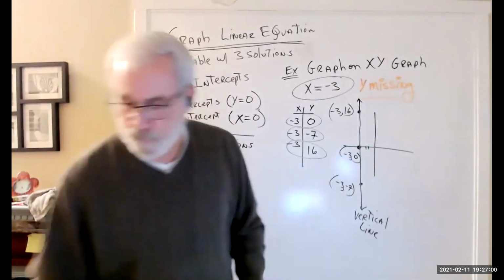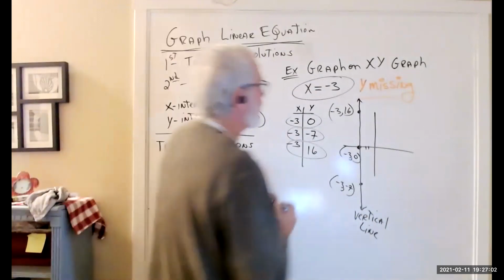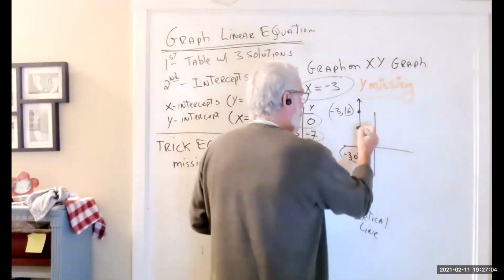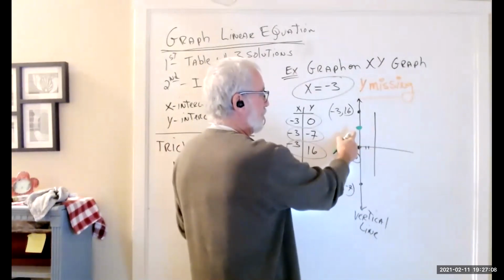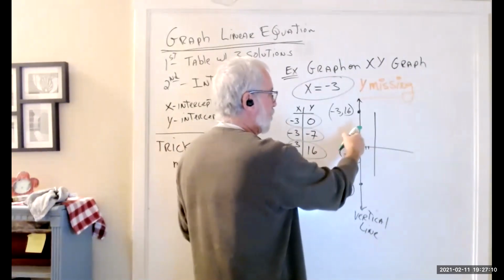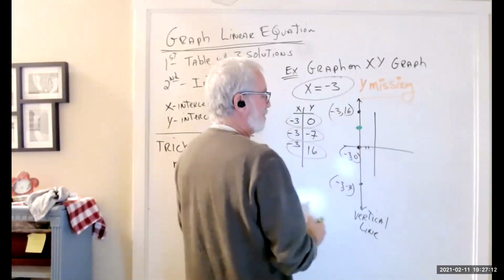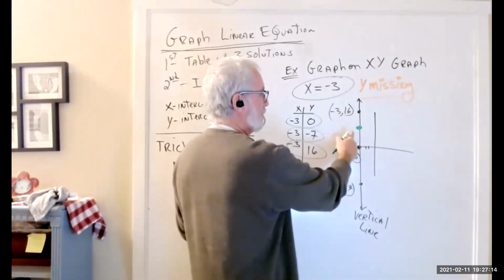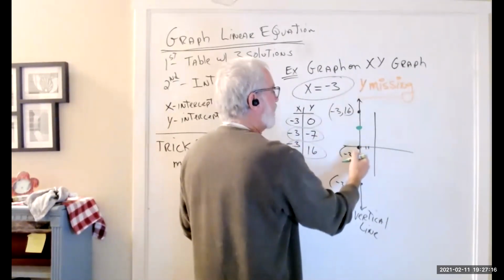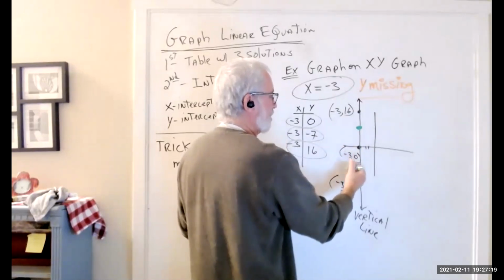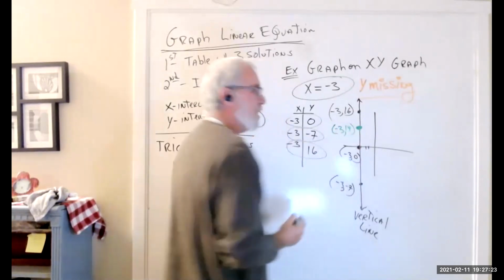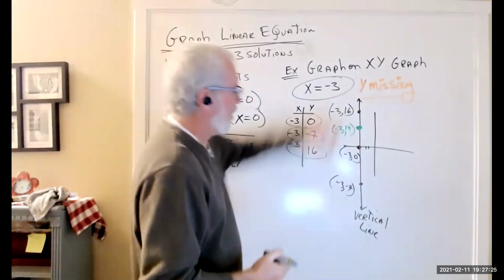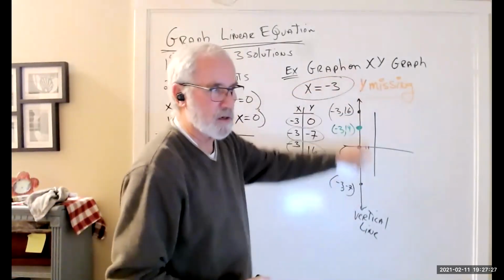We can go further. I can ask you, what's a reasonable value for that point? What do you think that might be, that ordered pair? 14. What 14? Oh, -3, 14. Yeah, -3, 14. Good. That would be fine. Every X on this line is -3.